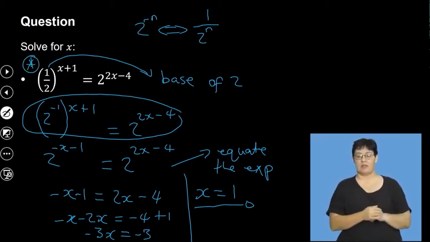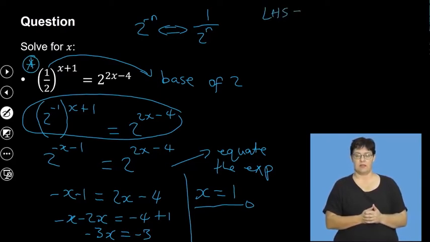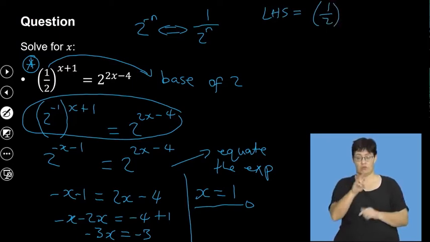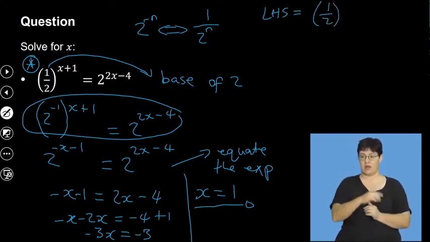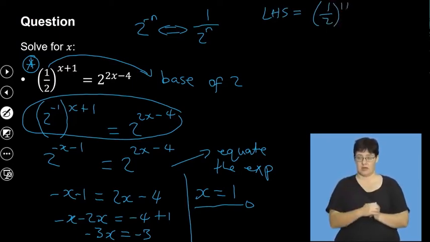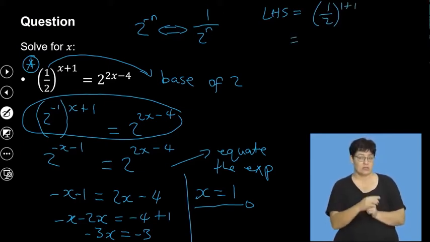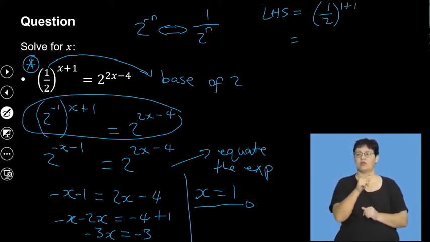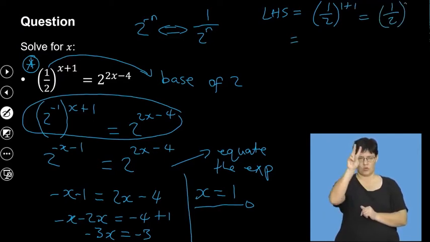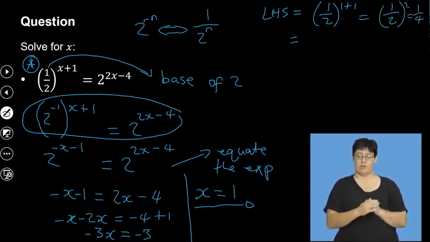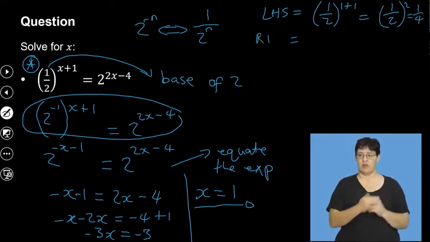Now let's look at the left-hand side. I'm just going to do it up here because that's where I have my space. This will be 1 over 2 to the exponent of, my x is 1, right? So it's 1 plus 1, which is equal to, the exponent will be 2 there. Therefore, this will be equal to 1 over 2 all squared, which I know you know will be 1 over 4, right? That's the left-hand side. Let's look at the right-hand side.